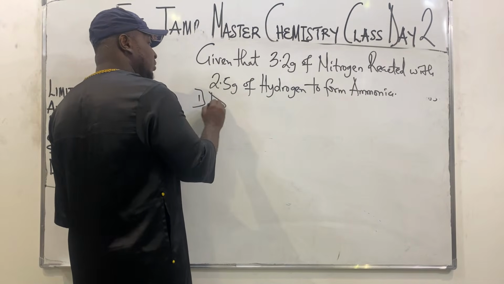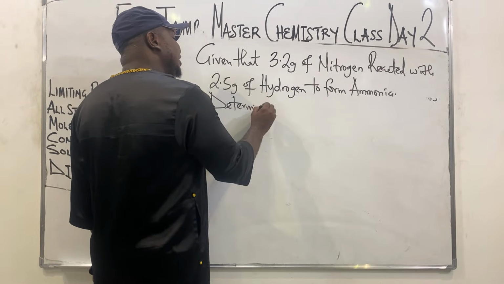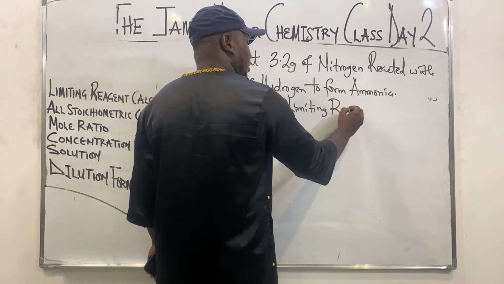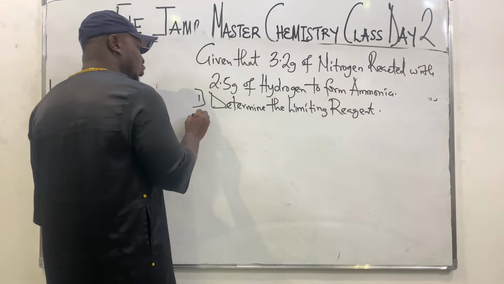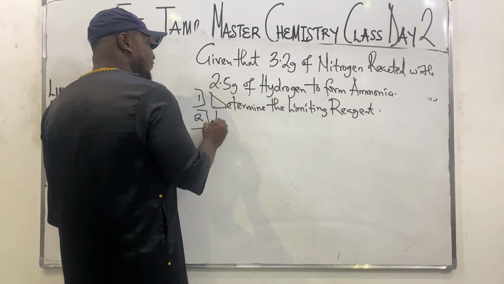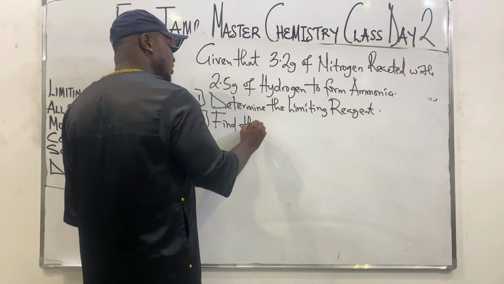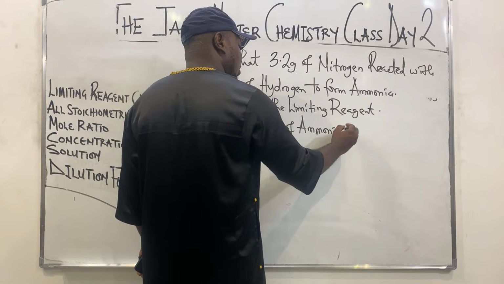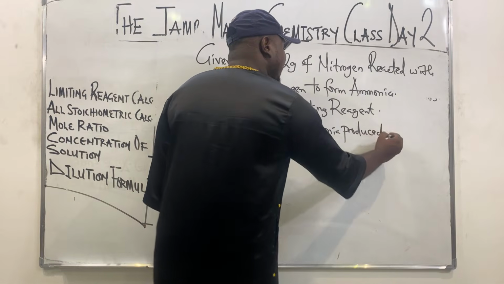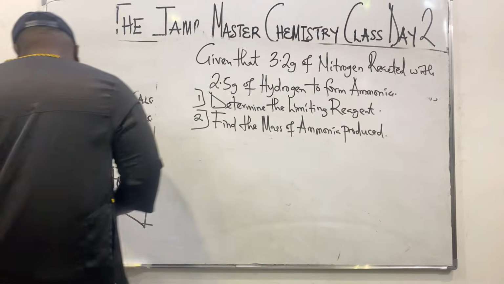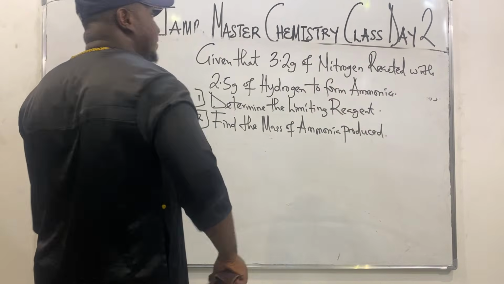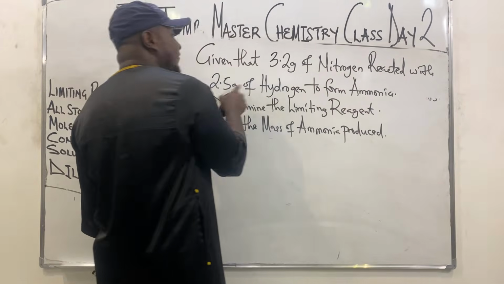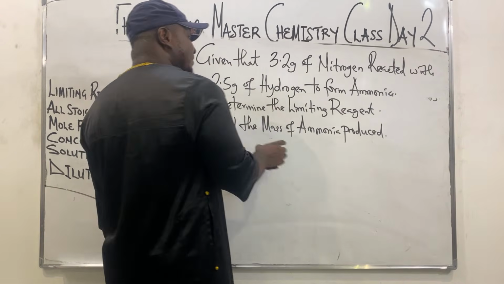One, determine the limiting reagent. Two, find the mass of ammonia produced.